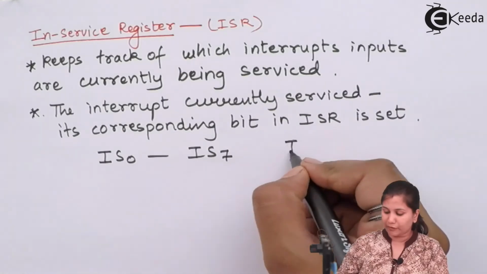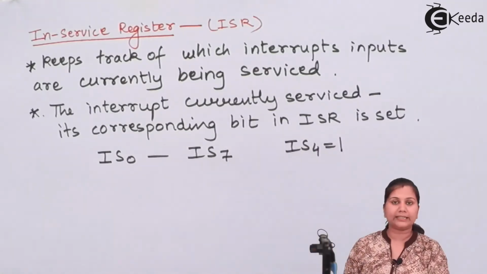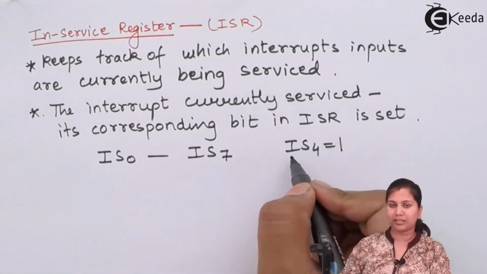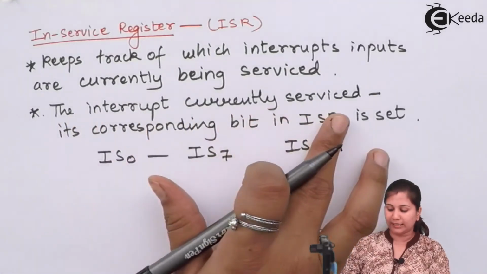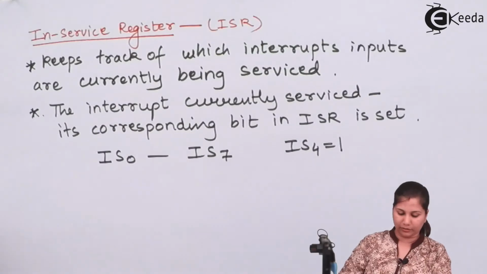Suppose IS4 is equal to 1, it means that currently the fourth interrupt request is being processed by the microprocessor and the 8259. So this interrupt is in service at that time. The interrupt which is currently in service, its corresponding bit will be set to 1.